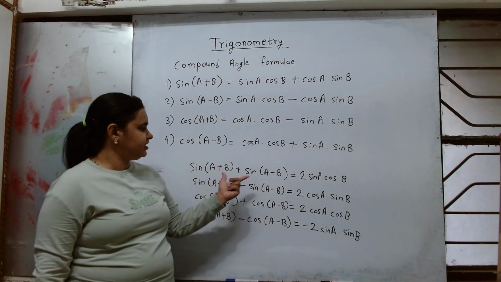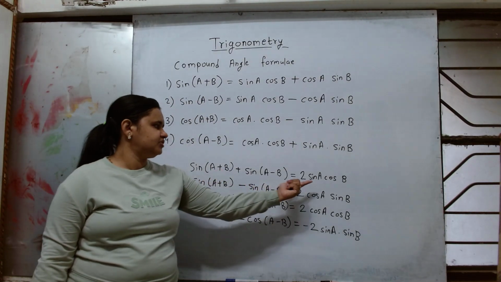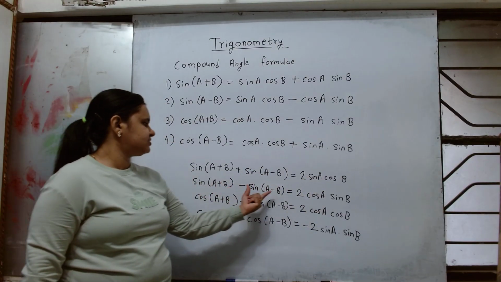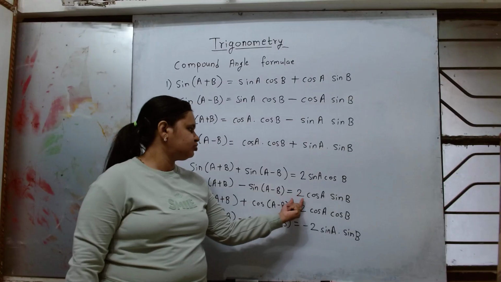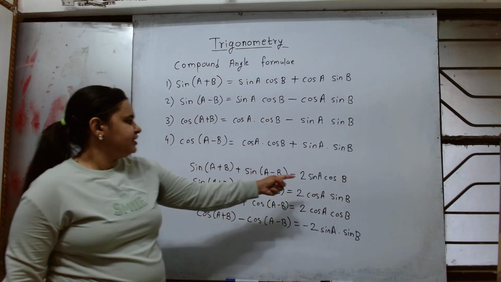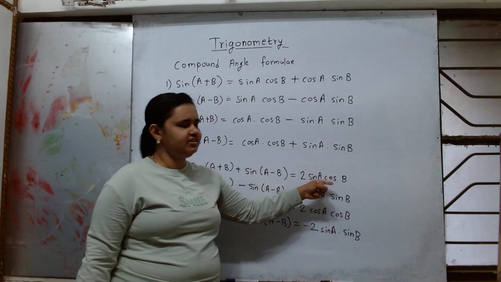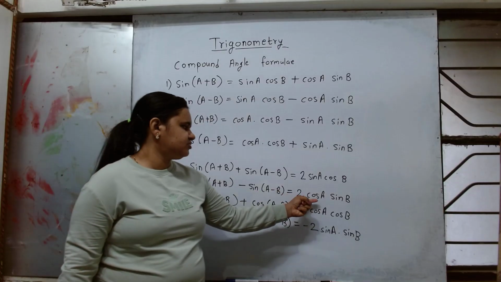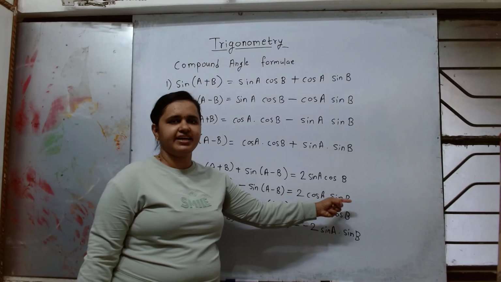Now sin of a plus b plus sin of a minus b equals 2 sin a cos b. Sin of a plus b minus sin of a minus b equals 2 cos a sin b. If it is plus in between, put first sin then cos. If it is minus in between, put first cos then sin: 2 cos a sin b.